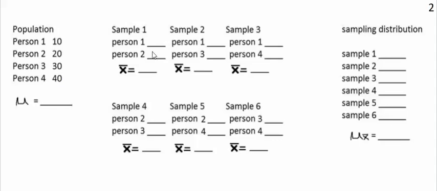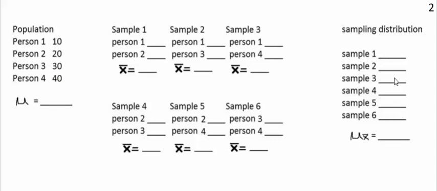So to do that, add the 2 ages and divide by 2, and do that for all 6 samples, and you'll get 6 different answers. Add these 2, divide by 2, add these 2, divide by 2, and do it 6 times. Once you do that, fill in your 6 answers over here. You'll have 1 answer for each possible sample.